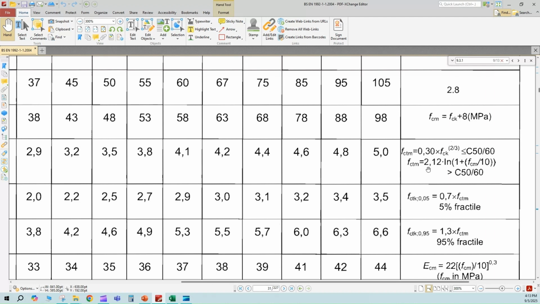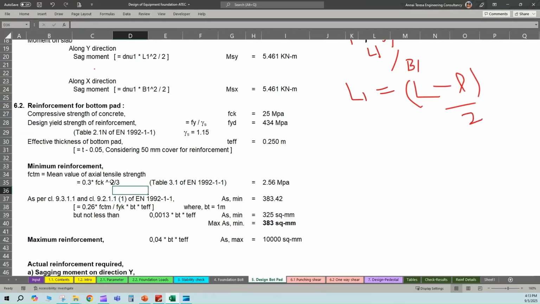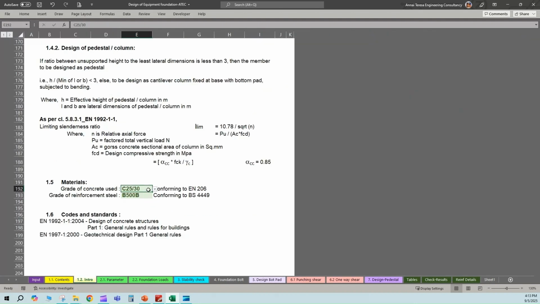This equation is given here, or else you can directly consider the value instead, but as we are using a drop down list for selecting the various grades in the introduction page, we can better use the formula instead of the direct value.